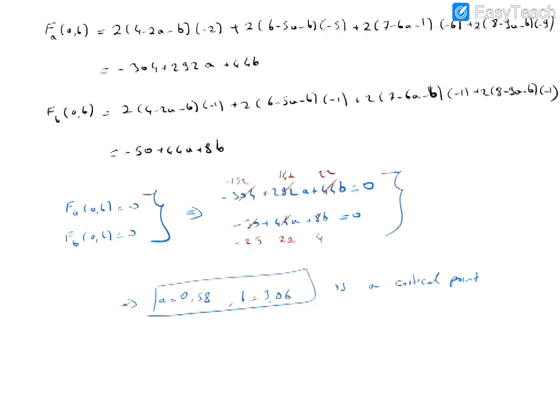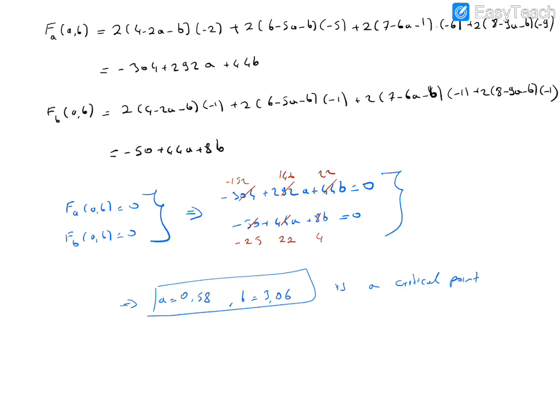Okay, so using the second derivative test, we should calculate f_aa. From here you can calculate 292.